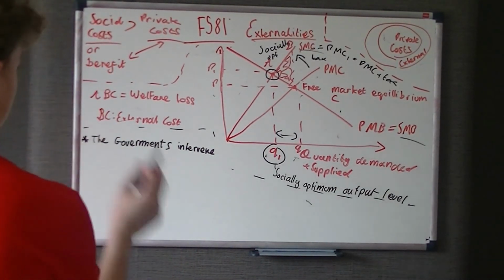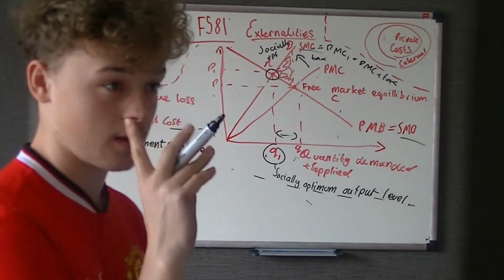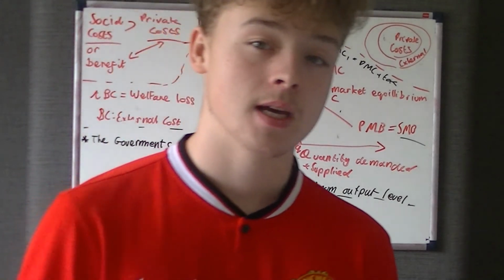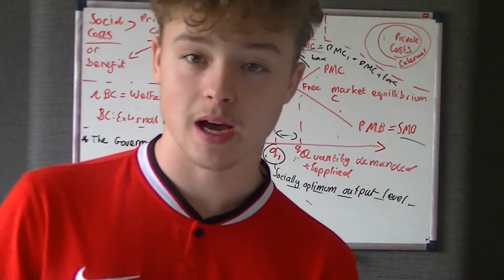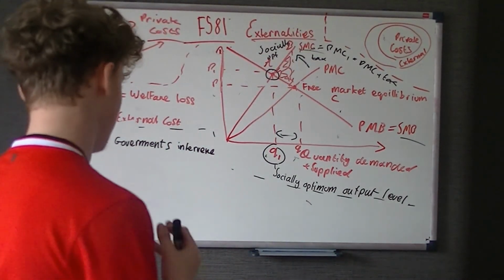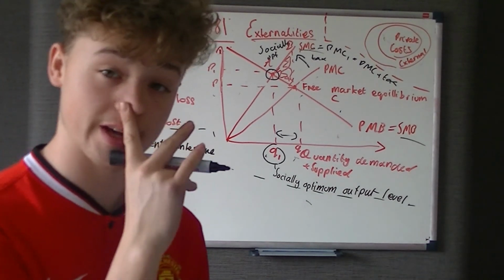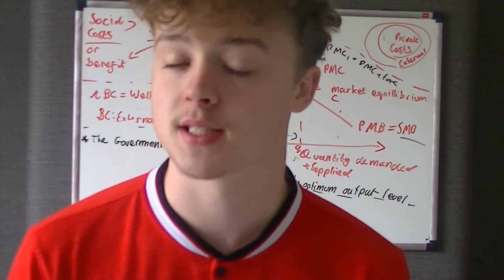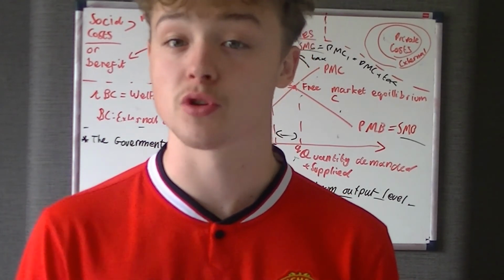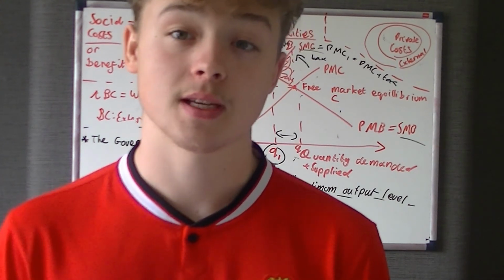So the government can intervene with the tax, and the purpose of this tax is to make the polluter pay for their harmful actions, and this is done by internalising the externality. That is your first paragraph, so just go over that again in case you didn't get it. The governments can intervene to solve the problem of overproduction caused by negative externalities with a tax.